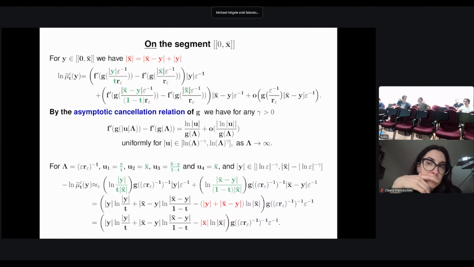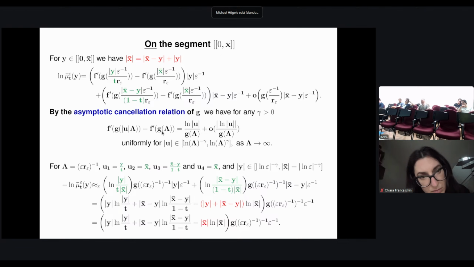And if you do this, then we can see that these differences in the Riemann sums behave in a way which you can control. Of course, obviously, I cannot go into details here. If you're interested, I'm more than happy to send you the slides. But the idea is to go into the Riemann sums and to see that on the segments, the cancellation in fact happens.